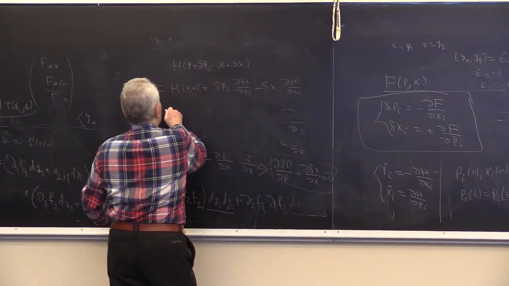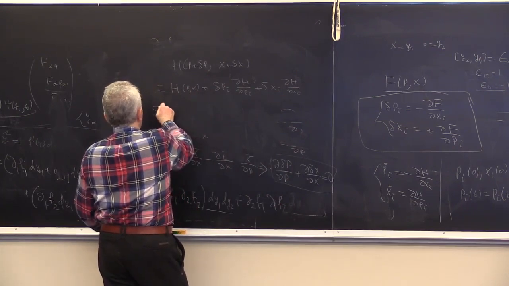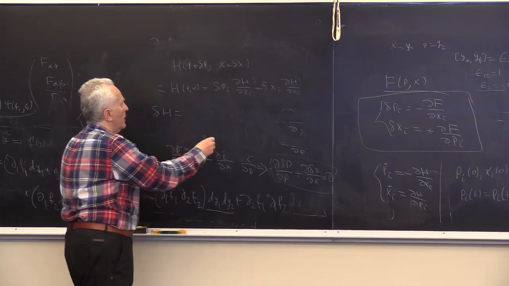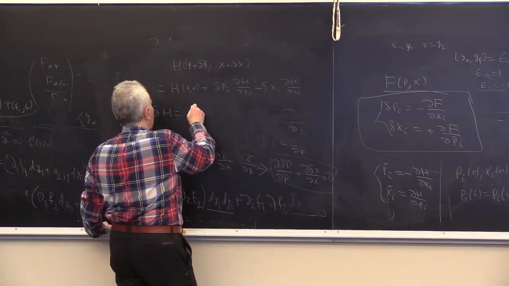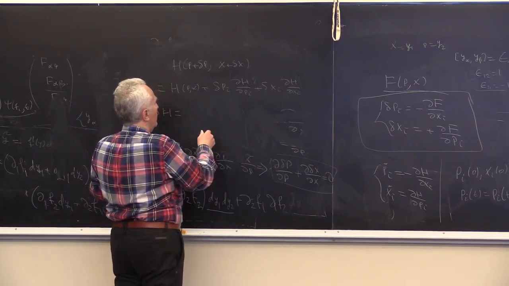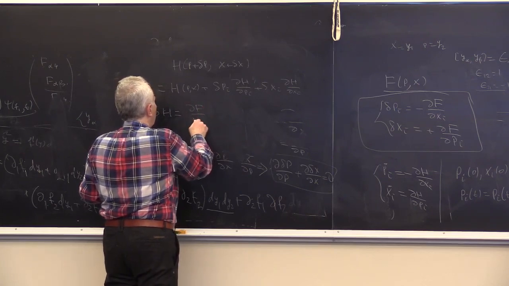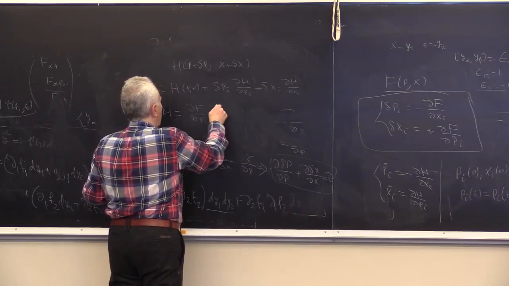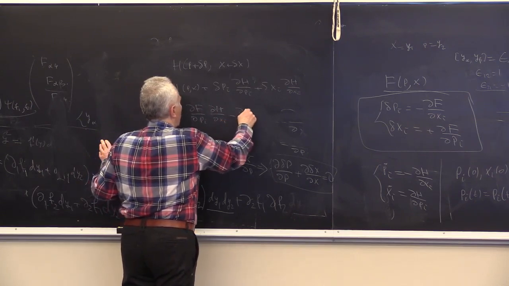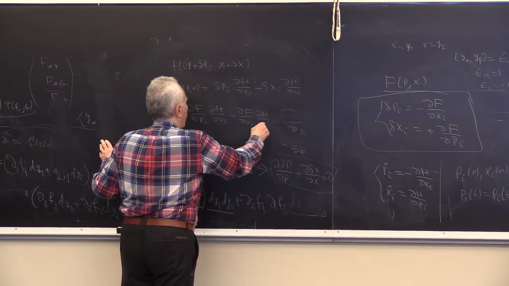Okay, and so delta H, which is the difference of these two, can be written down as the change of the Hamiltonian, which is equal to df/dp_i dh/dx_i minus df/dx_i dh/dp_i.